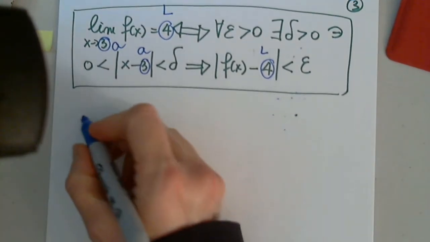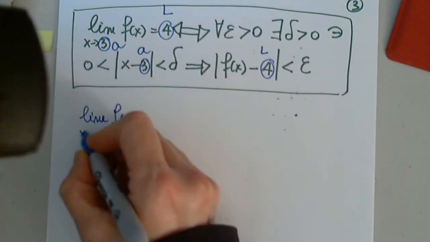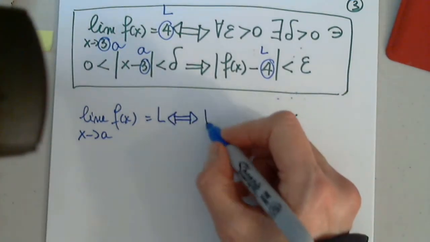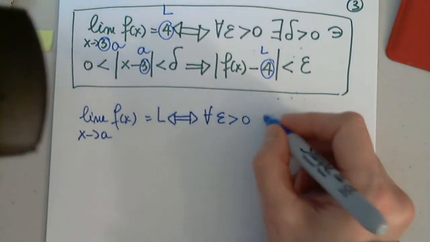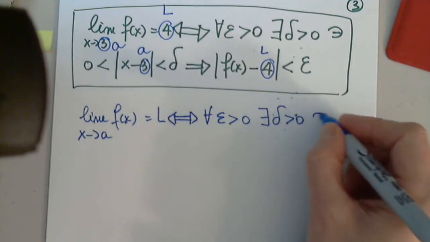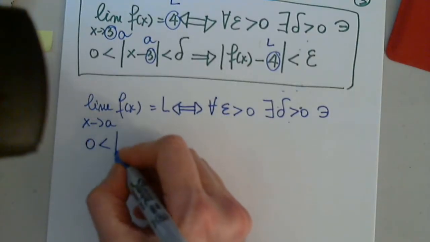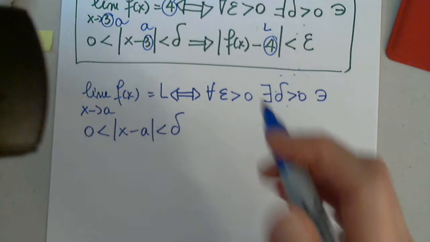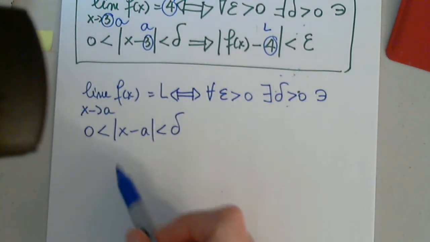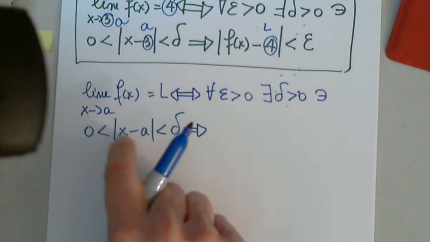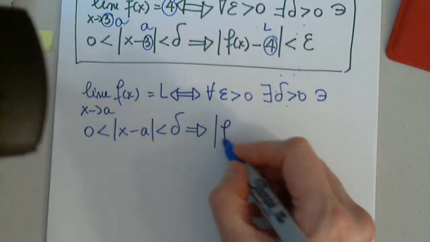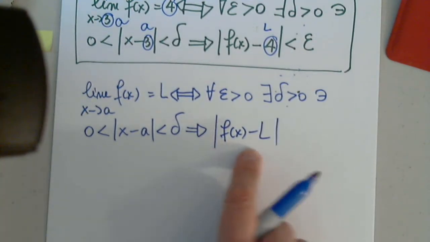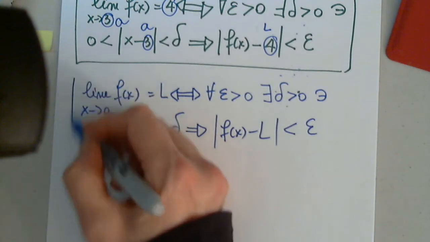The limit of f of x as x approaches a is L means that for every epsilon positive, we will find a delta positive such that every time we pick x within the interval a minus delta, a plus delta, this will always imply that the distance between the function value and the limit must be less than epsilon.